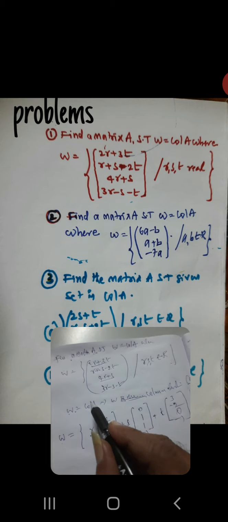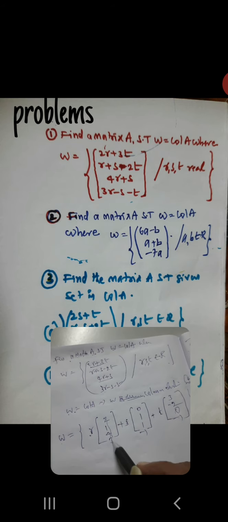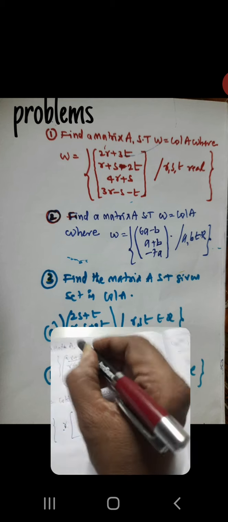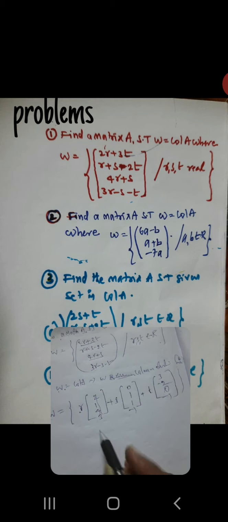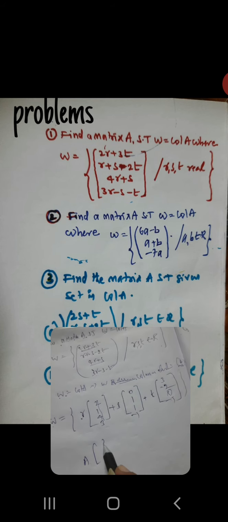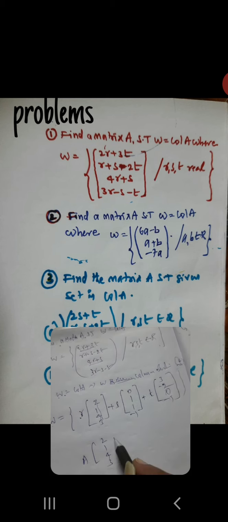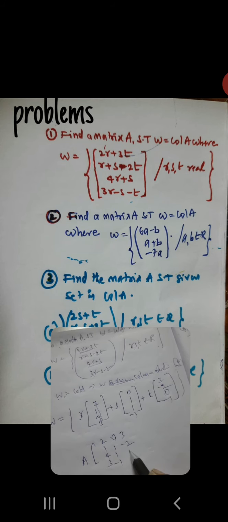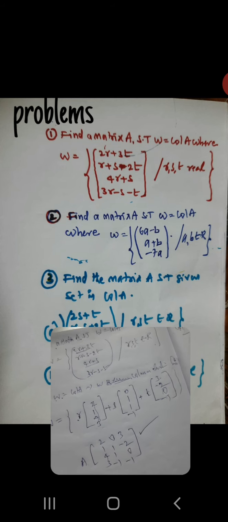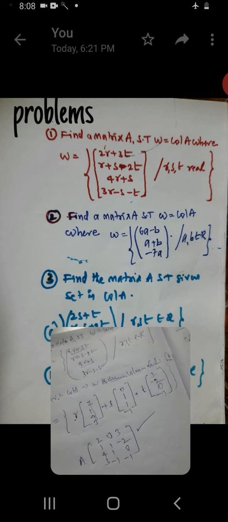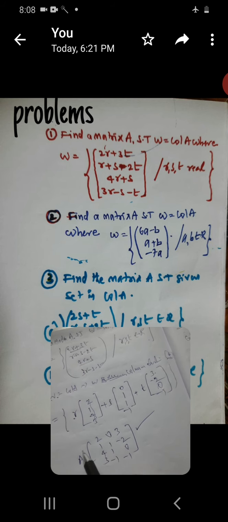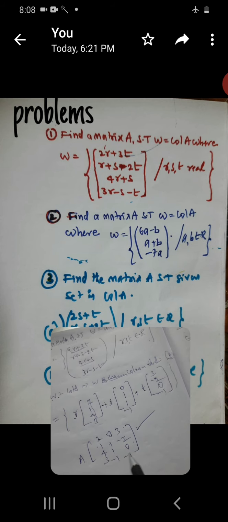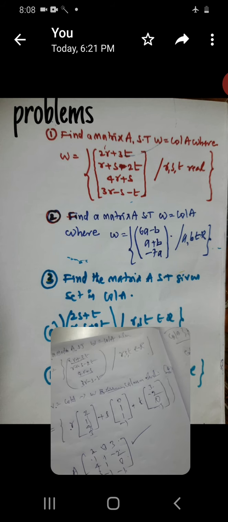W is Col A, which means these vectors, the column vectors in the given matrix A. Write the A matrix: 2 1 4 3, and 0 1 1 minus 1, and 3 minus 2 0 minus 1. This is the A matrix. Please observe: 2 0 3, 1 1 minus 2, 4 1 0, 3 minus 1 minus 1. This is our matrix.